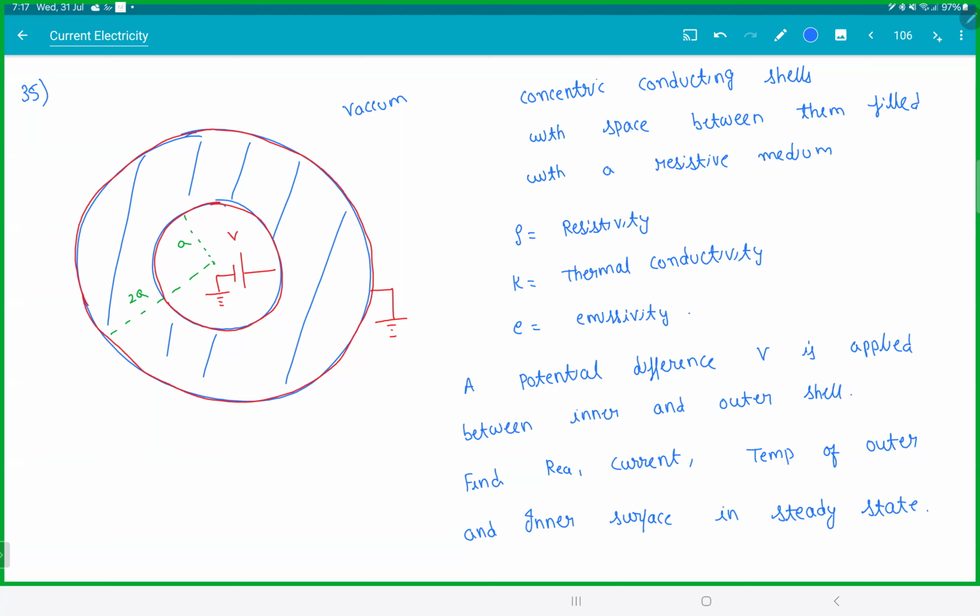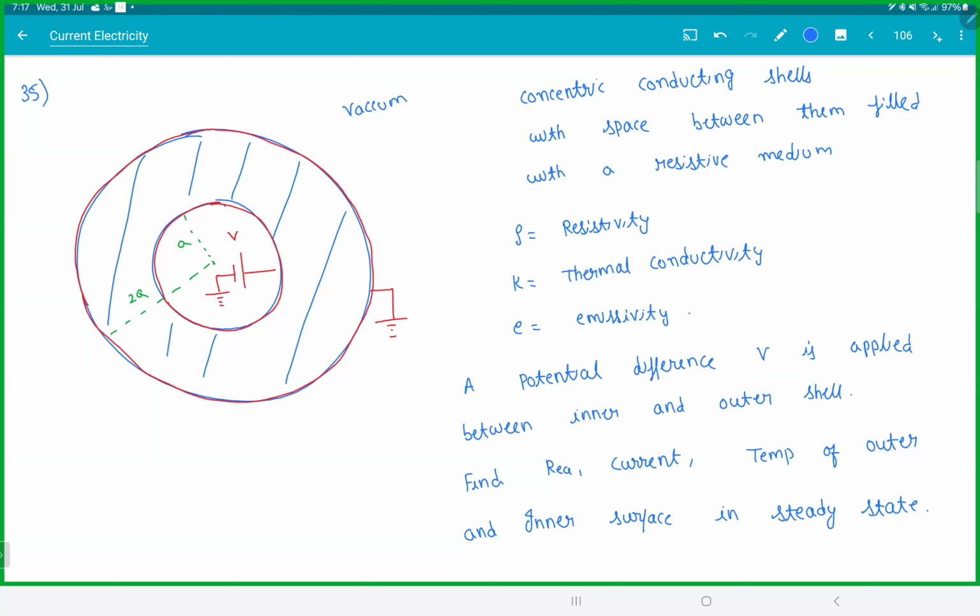Here it is, rho naught X. So for the first part, take a thickness dx.